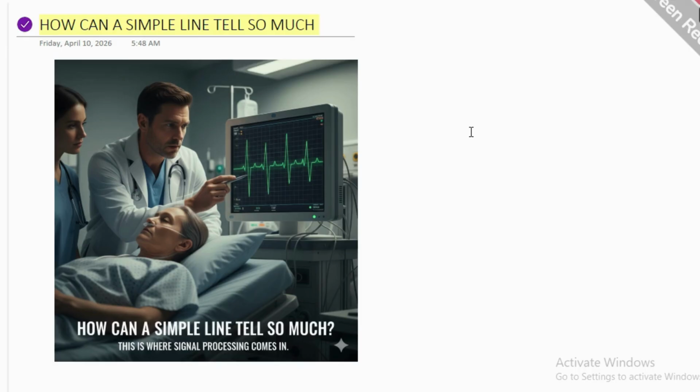Now think about this. The doctor is not opening the body, and he is not directly seeing the heart. He is only looking at a signal. So how can a simple line tell so much? This is where biosignals and signal processing for biosignals comes in.